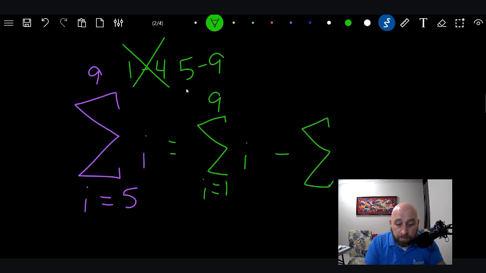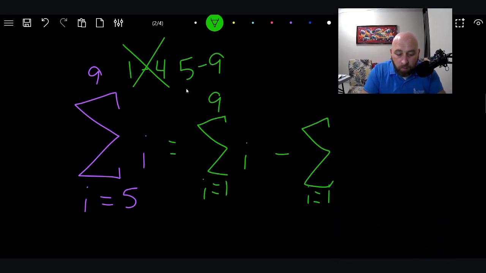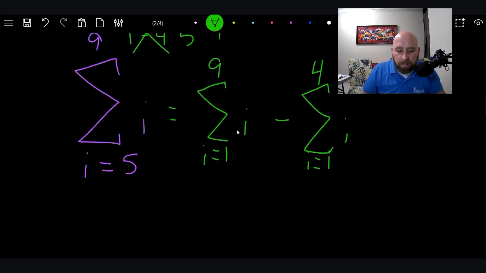And what's the part? 1 through 4. So it's going to be i equals 1, and we're going to go through 4. So that's going to be the upper bound right there. Okay, and now we're going to want to just solve it out. I'm on the next page, 459, on the example, if you're wondering where I am.